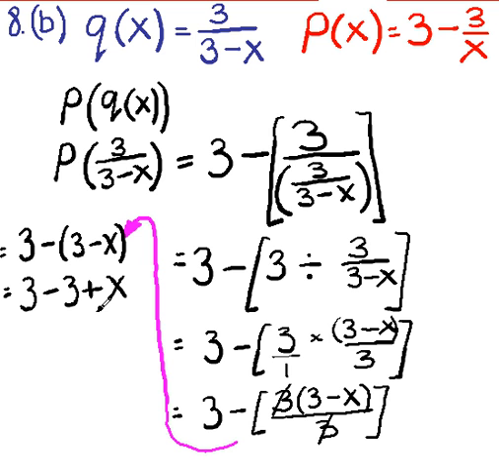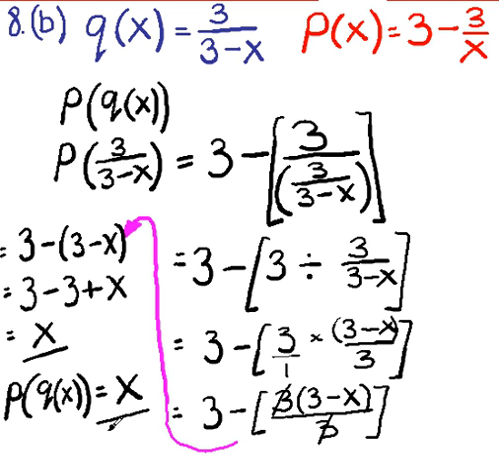So that leaves us with 3 minus 3 plus x. 3 minus 3 is 0. So that just leaves us with x. And that is our final answer. So p of q of x is just equal to x. And that is our final answer.